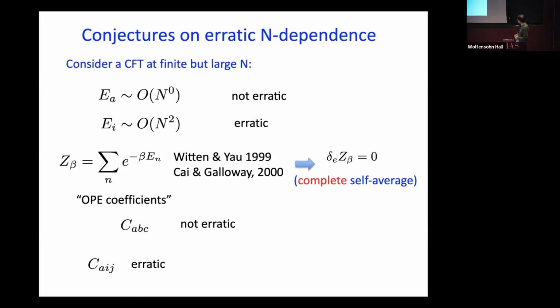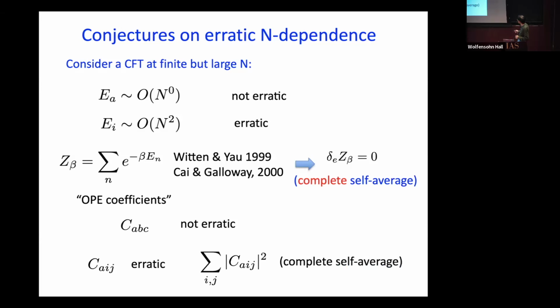But now if you look at light, heavy, heavy, so one light operator, and the other two, i and j, are heavy, we expect this to be generically erratic. But this quantity is important when you look at correlation functions of single trace operators, say, for example, in the thermal ensemble, or vacuum correlation functions.